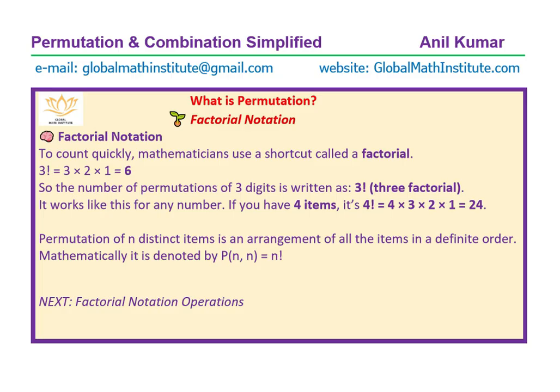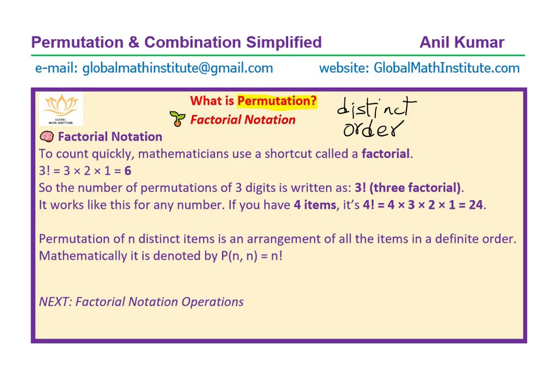So when we say permutations, we specifically mean distinct items in an order, right? So two things are defined as soon as we say permutations, which is distinct and order. Distinct means you can identify each one of them. They are different from one another, right?